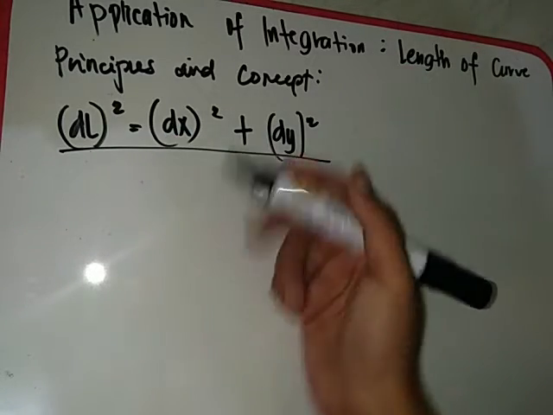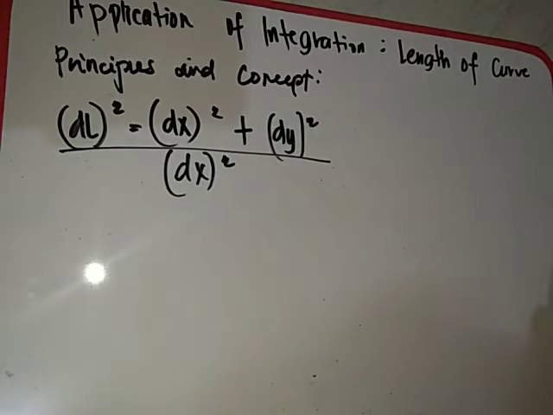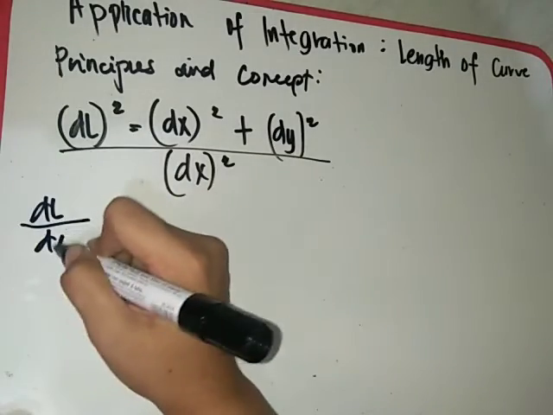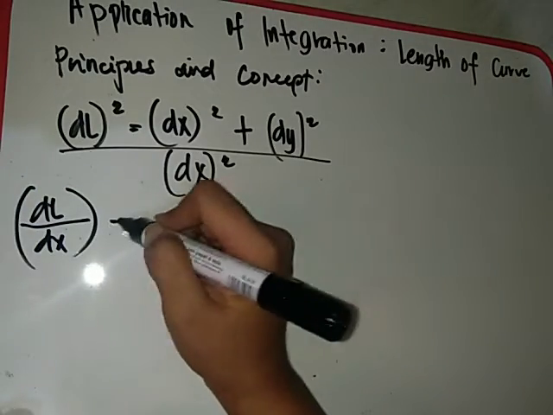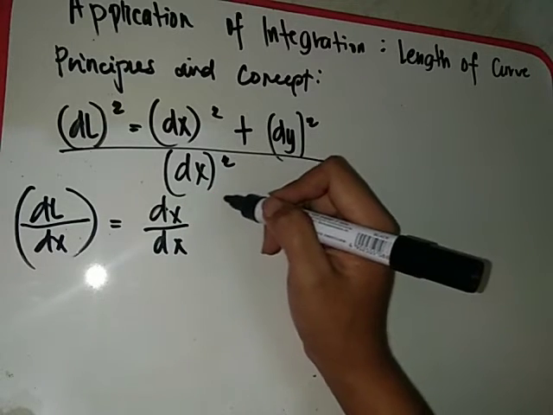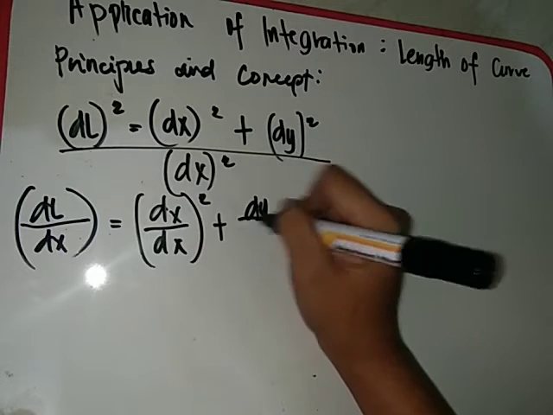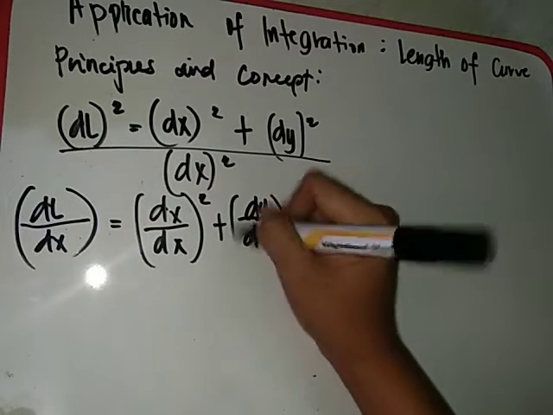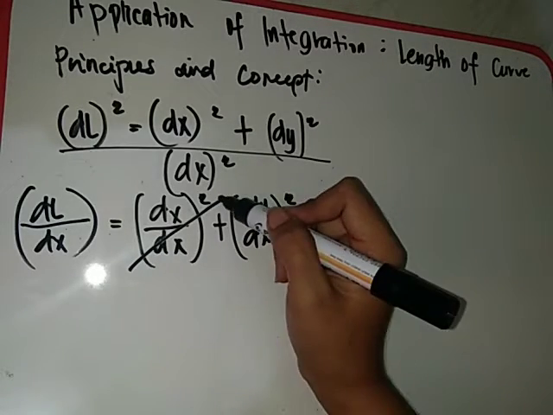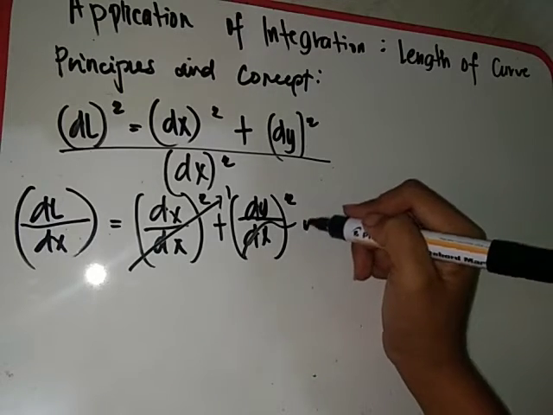Then we divide it by dx squared. So we have dl over dx squared is equal to dx squared over dx squared plus dy over dx squared. You see this is understood as 1, and this is the curve y prime.